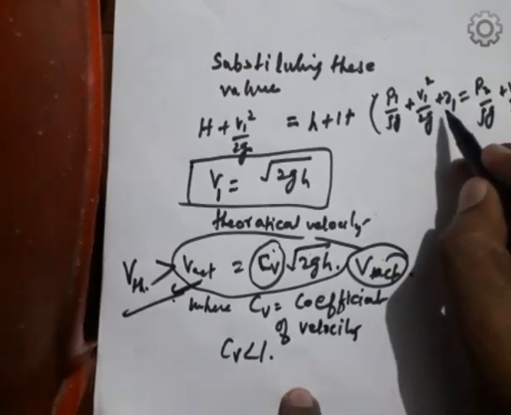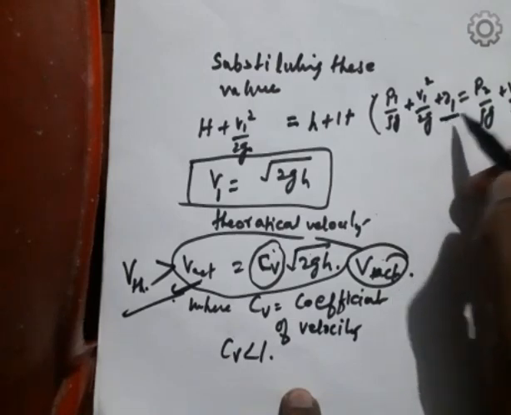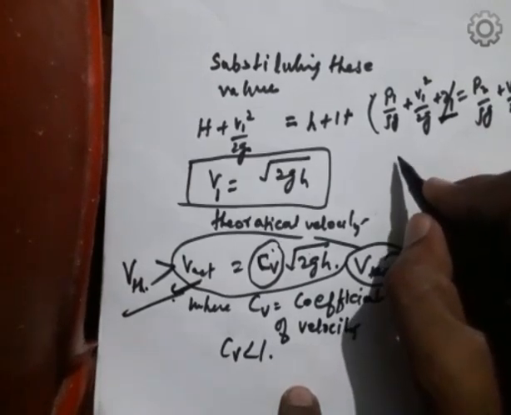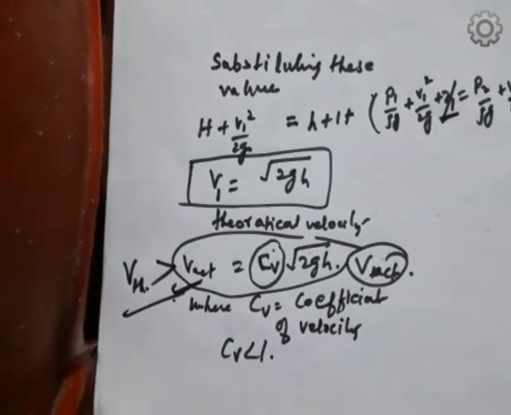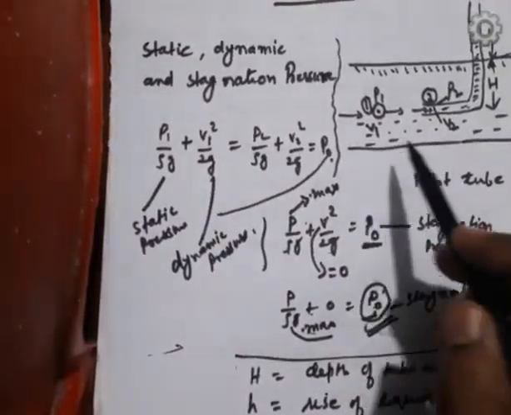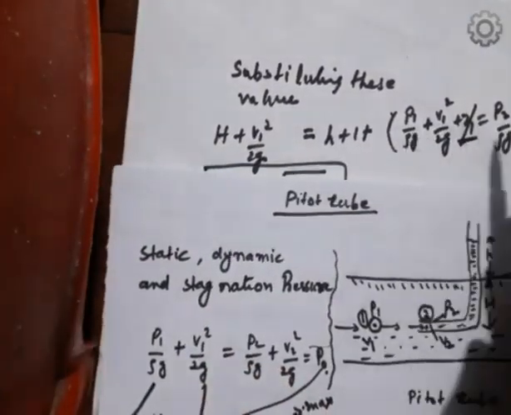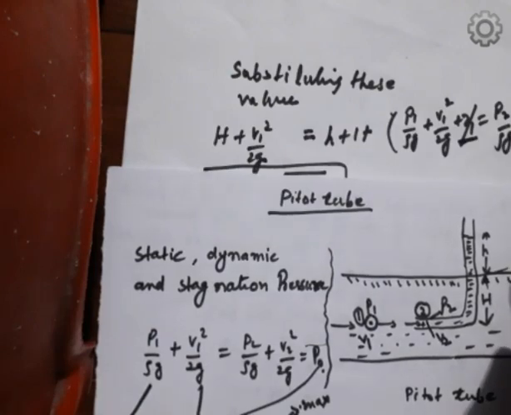As we can see from the figure, the datum height is the same, so Z1 and Z2 cancel. Here the velocity is V1 and here the velocity is V2. So in this figure, when the velocity is V1 and pressure is P1, that is equal to P2 by rho g plus V2 square by 2g.